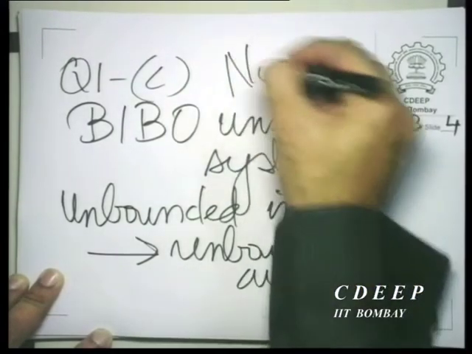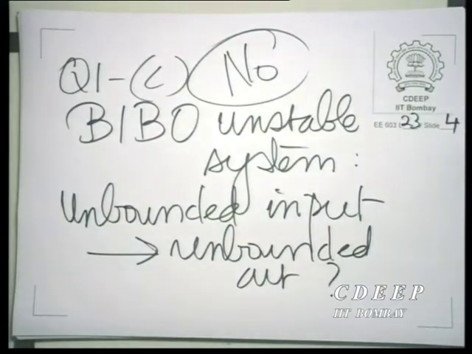And the answer is no. You see, in an unstable system, you are guaranteed that there is at least one bounded input which produces an unbounded output, but you are not guaranteed either that every bounded input produces an unbounded output or that an unbounded input necessarily produces an unbounded output.